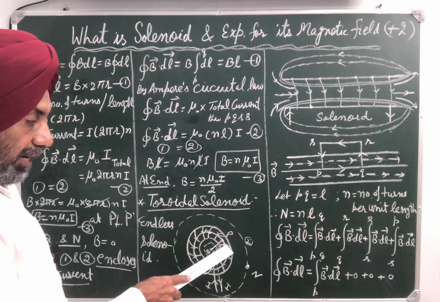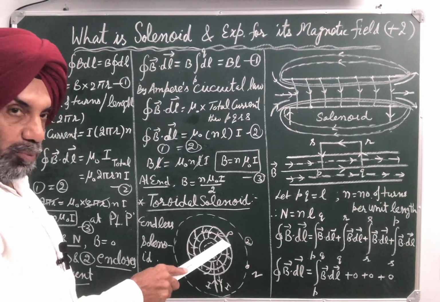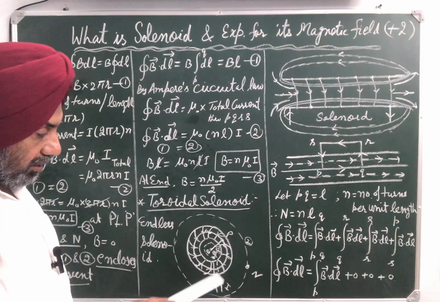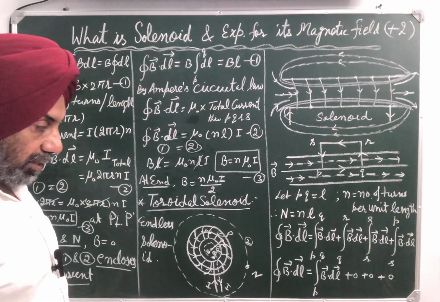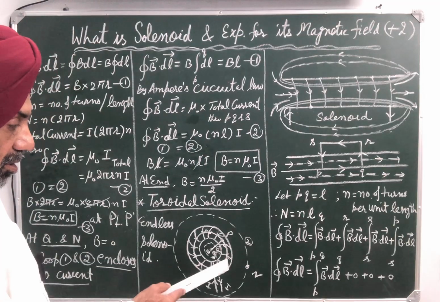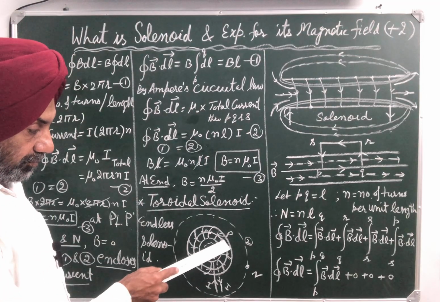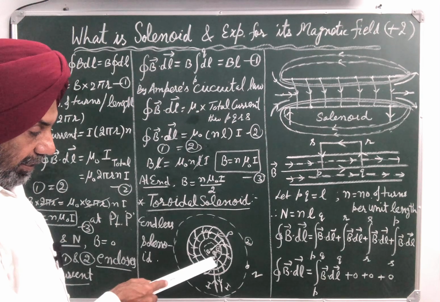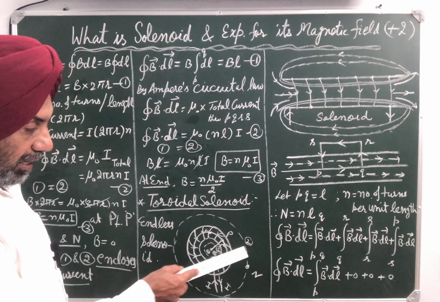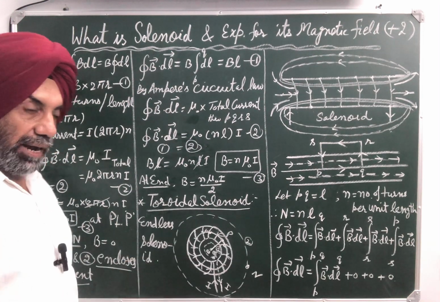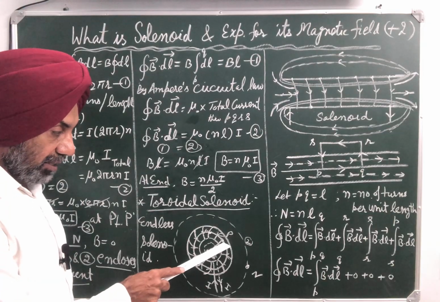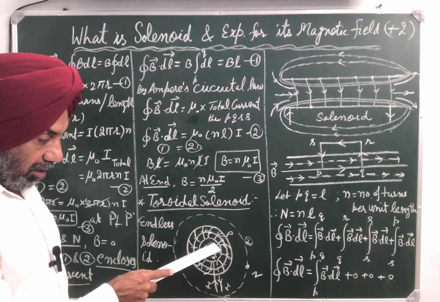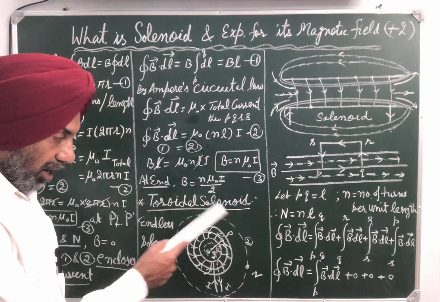So to find magnetic field at a point on its axis, let P be any point on the axis of the solenoid, again current is passing. Suppose there are two paths, one is inside, this is loop 1 and this is loop 2. So we will find magnetic field at a point on the axis of the solenoid or in this region or outside the solenoid.